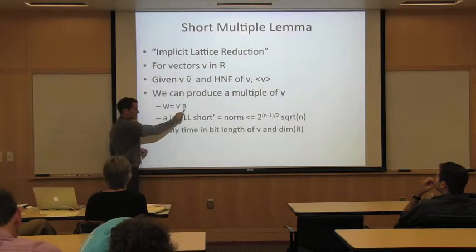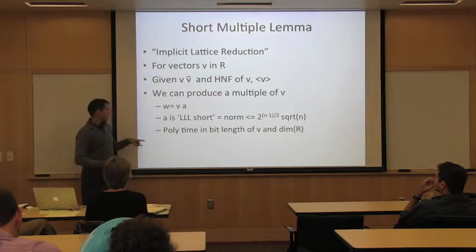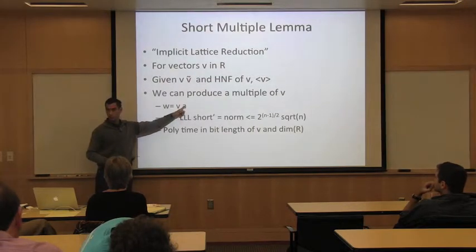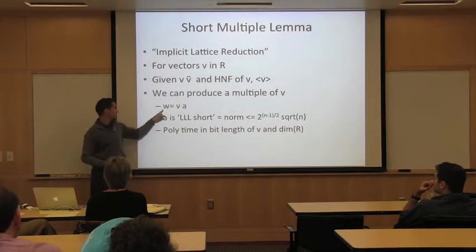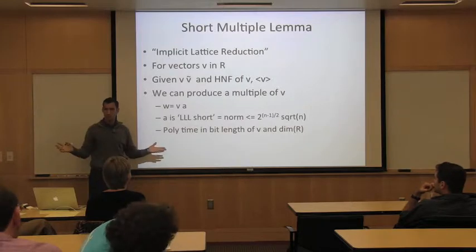W equals v times some multiple, where the multiple itself is what's short, not the element w. Okay, so does it sound like what we heard about this morning?